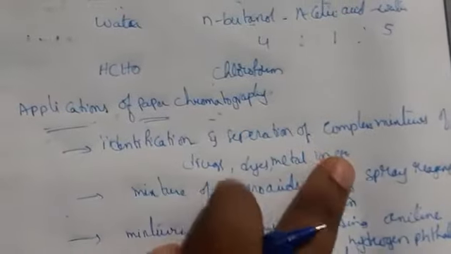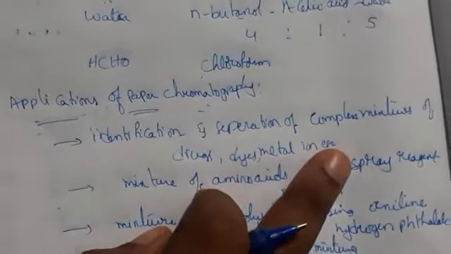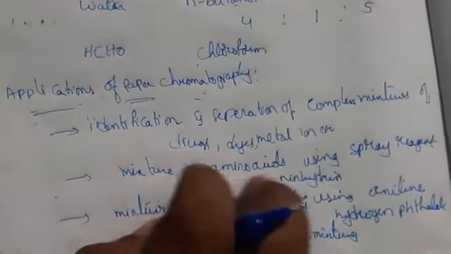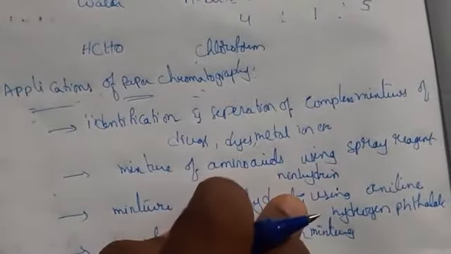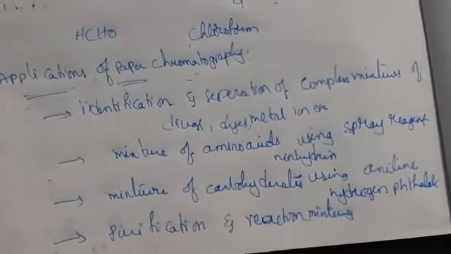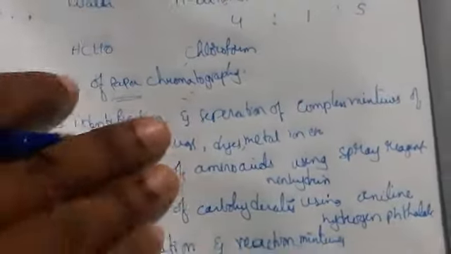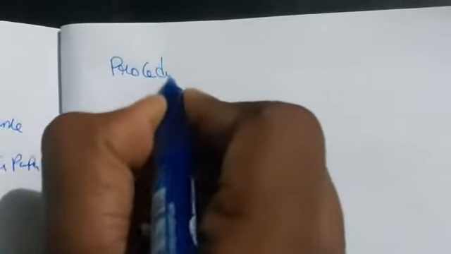For separating complex mixtures like drugs, dyes, metal ions, and also for identifying amino acids by using spray reagent ninhydrin, for identifying carbohydrates by using aniline hydrogen phthalate, and also for purification and reaction mixtures we can use this. So now let us see what is the procedure of paper chromatography, what is the experimental technique of paper chromatography.